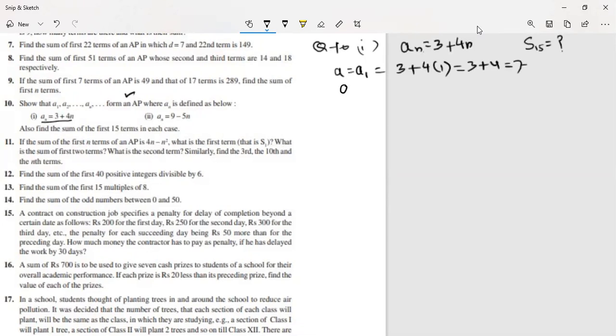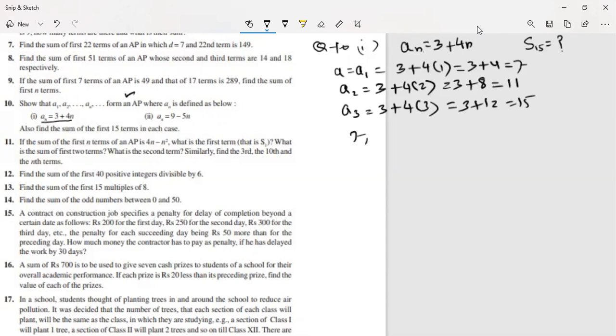And a2, now find the second term, put n is equal to 2. 3 plus 4 into 2, 4 twos are 8, 8 plus 3, 11, second term. a3, third term, 3 plus 4 into 3, 4 threes are 12, 12 plus 3, 15, and so on. So we get the AP: a is equal to 7, second term 11, third term 15, and so on.